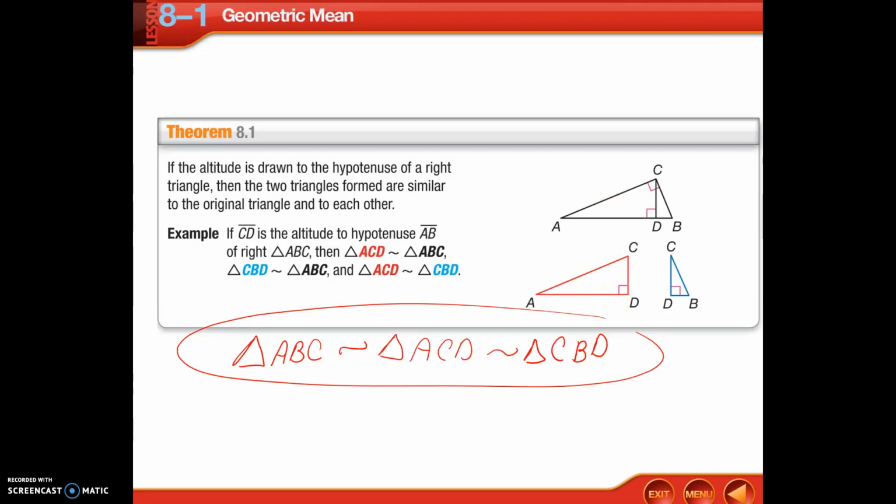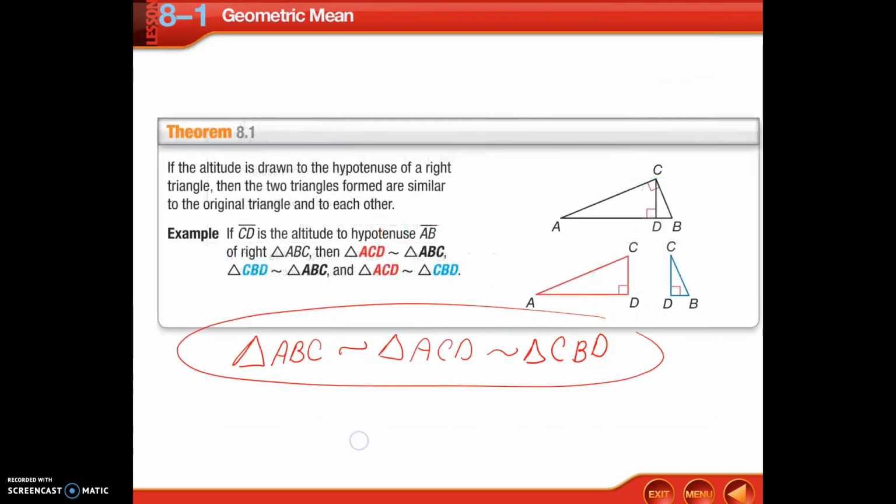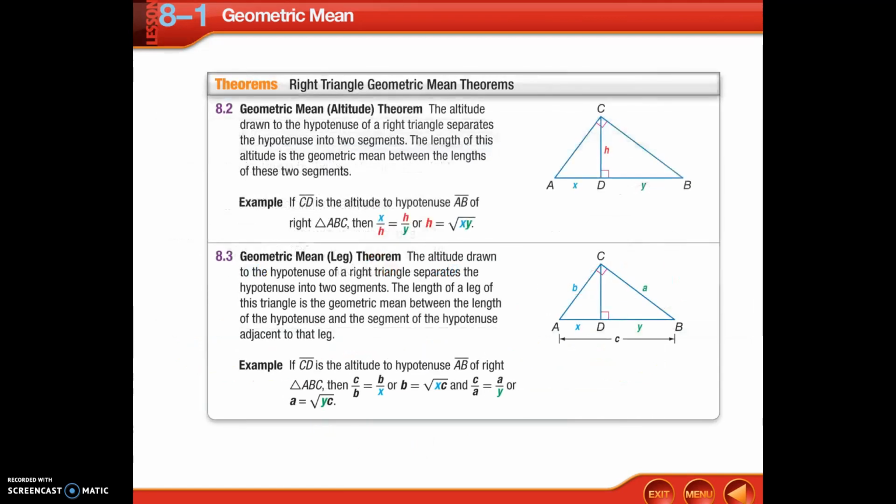And because we know that, we get some geometric means in there. So first of all, the altitude, this line here, notice this is the short side of the small triangle.